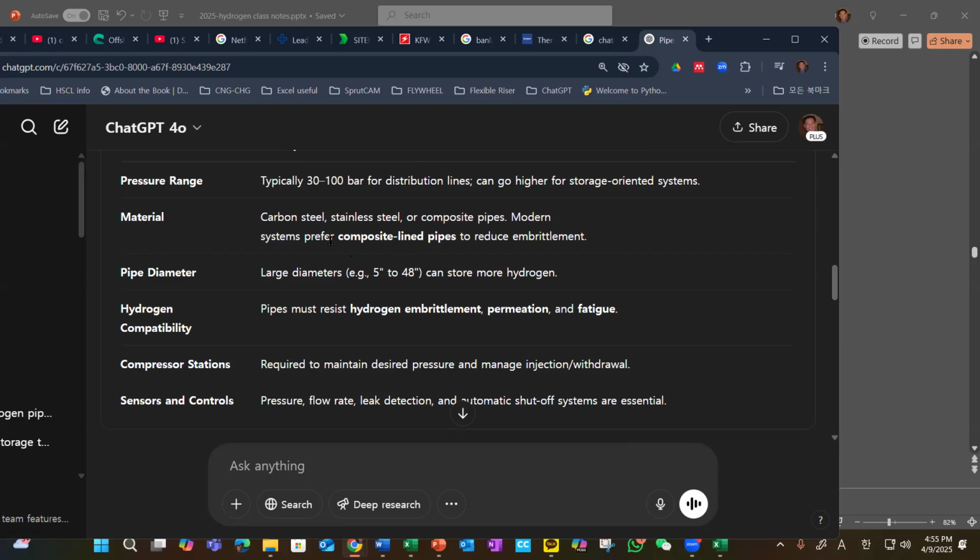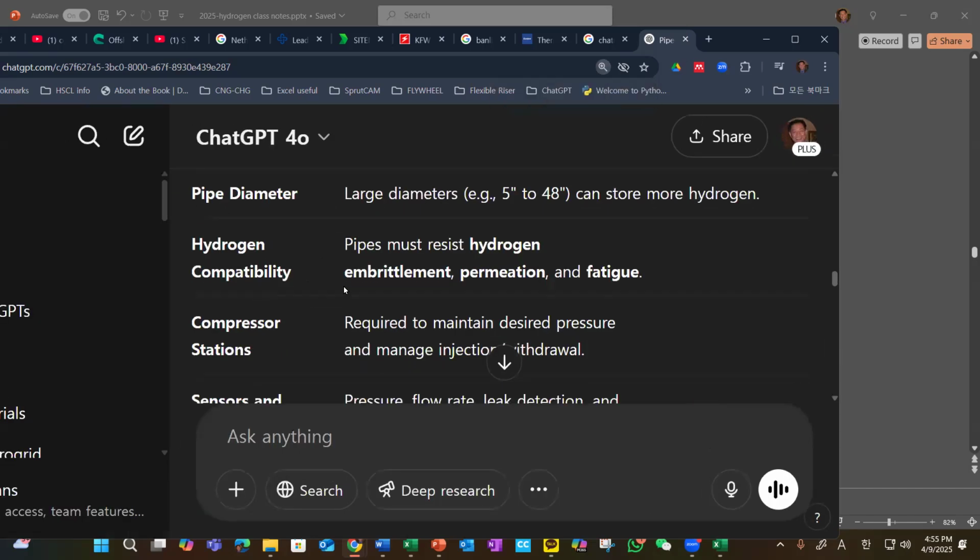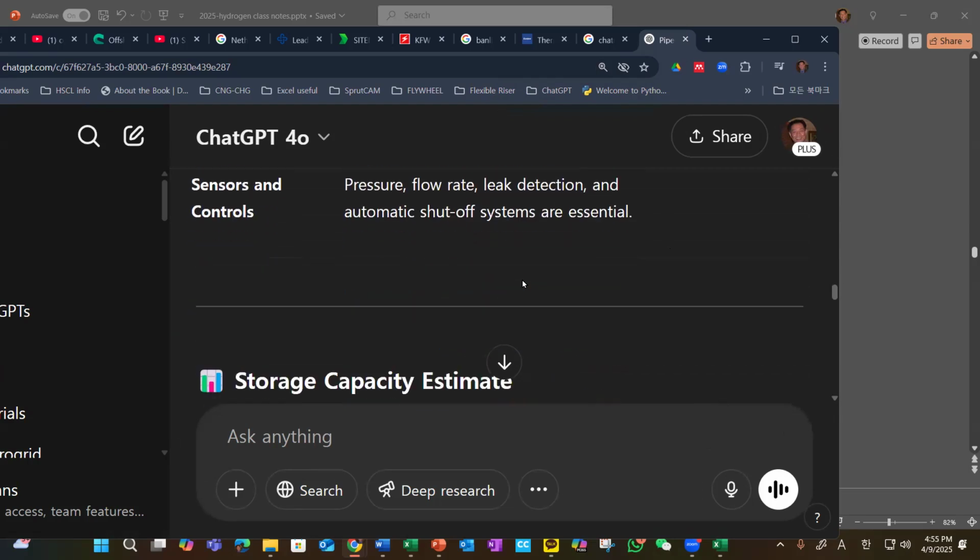Modern systems prefer composite line pipe to reduce embrittlement. This is one topic we already covered. And with a pipe diameter of about 5 inches or more, it can store more hydrogen. The pipe must resist hydrogen embrittlement and so on.